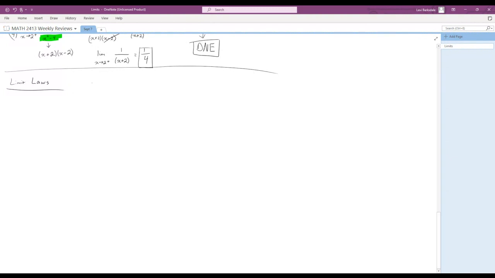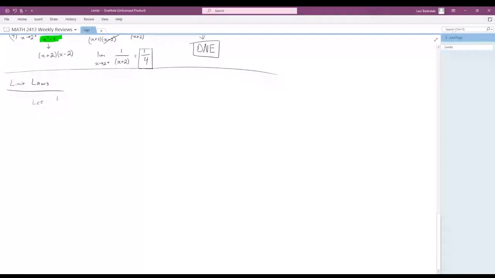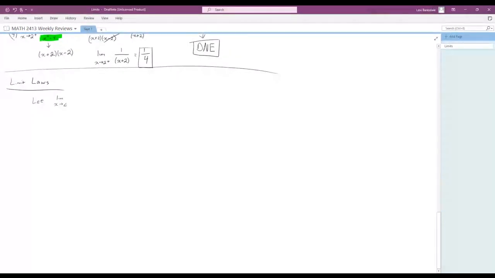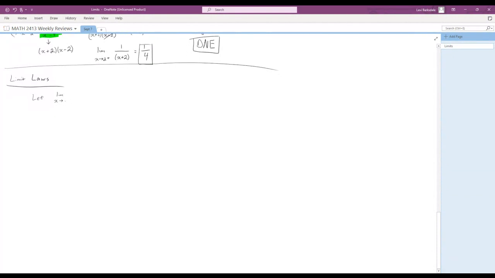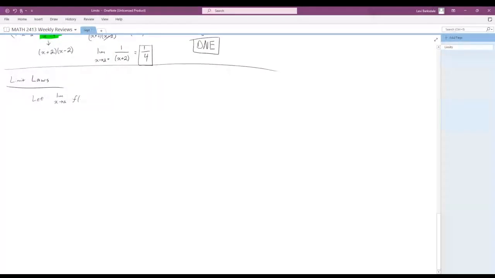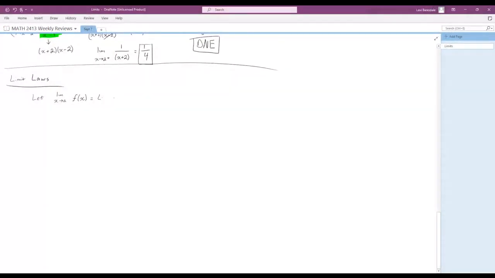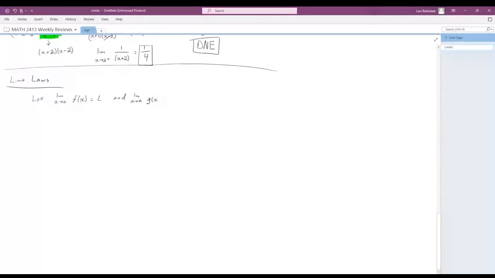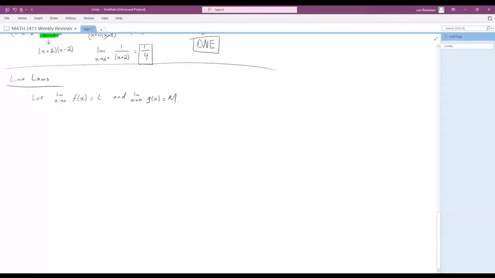So let's say we have 2 limits. The limit as x approaches point A. So we have 2 functions, f of x and g of x, and the limit as f of x approaches a is L, the limit as g of x approaches a is M. Well, first off, we have our addition rule.